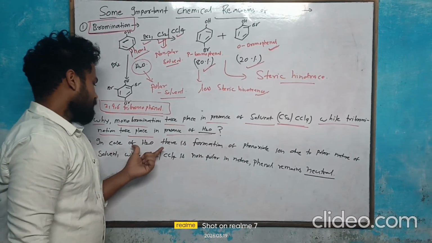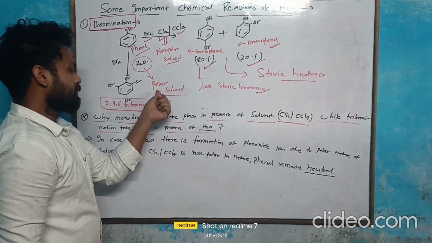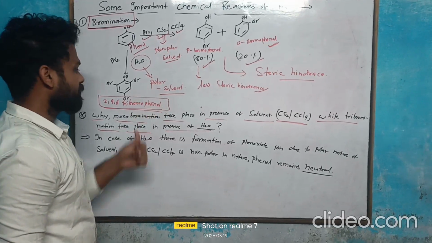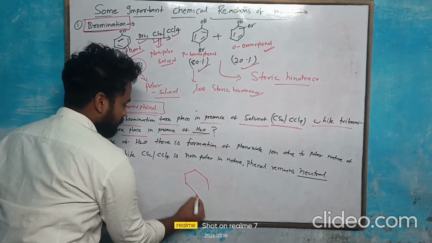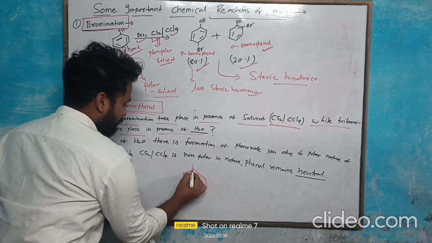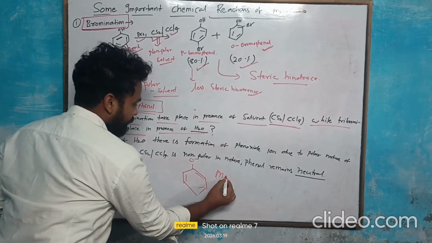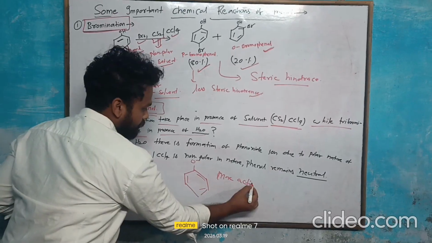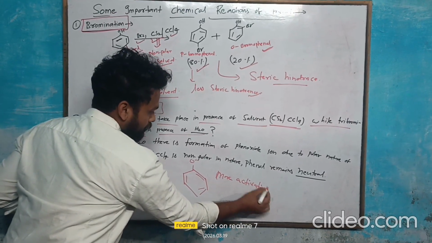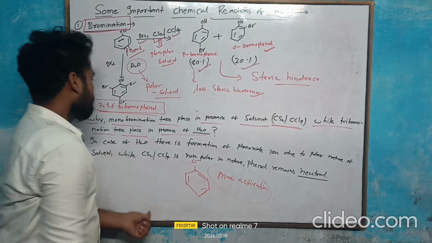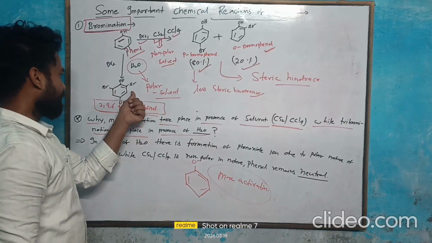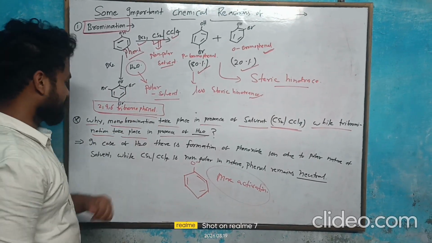The reason behind this is that H2O is a polar solvent, and in H2O there is formation of the phenoxide ion. This is the phenoxide ion. When there is formation of phenoxide ion, it is more activating. Due to this more activating nature of the phenoxide ion, more bromine gets attached where there is a possibility of partial negative charge.